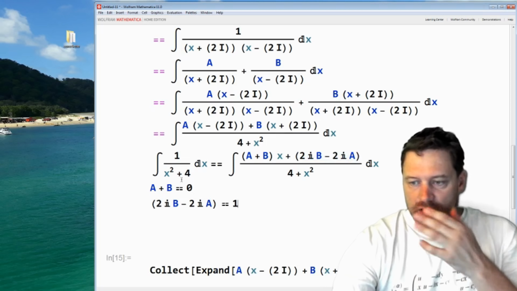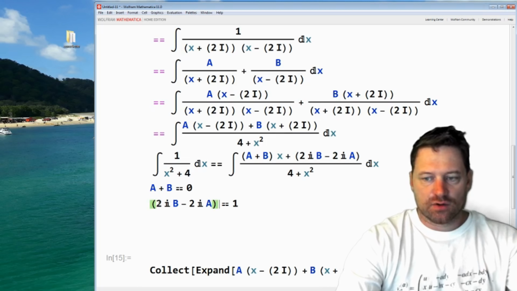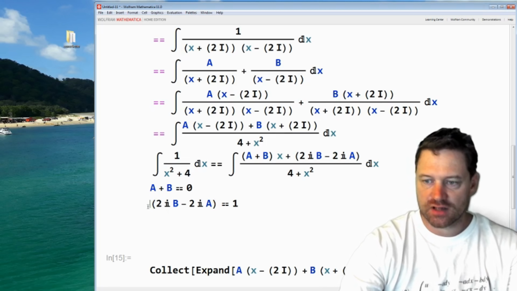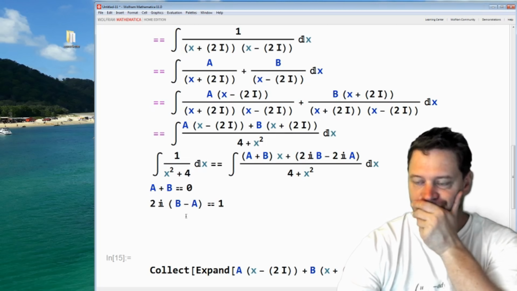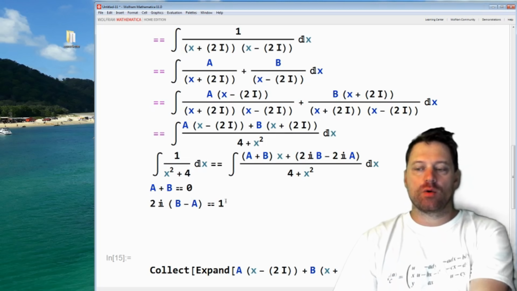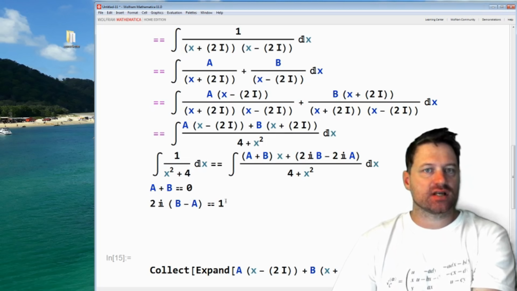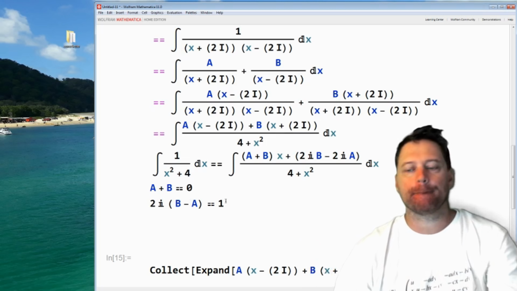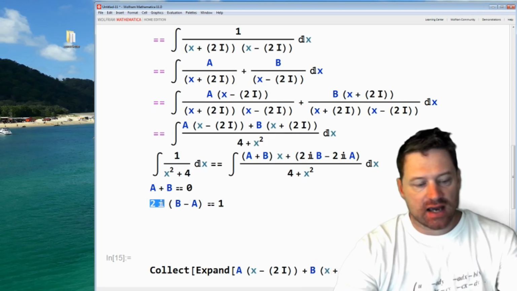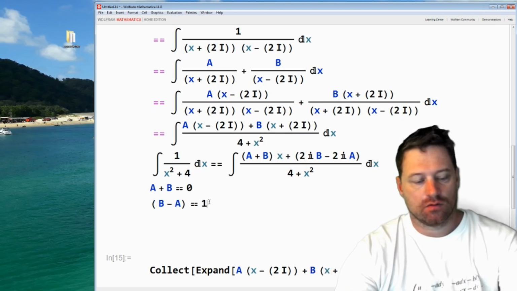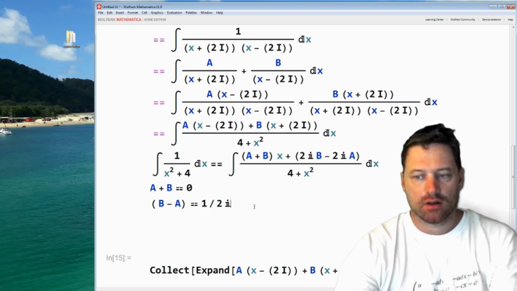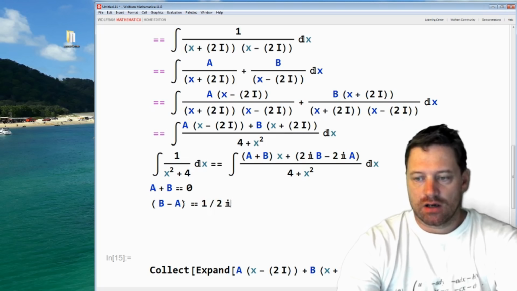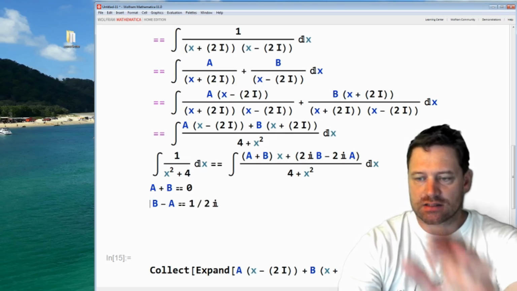Look, we can factorize the 2i out of this. Let's do that. 2i. Now what we want to do is divide both sides of this second equation by 2i. So let's do that. 1 over 2i. Then we can get rid of the brackets.